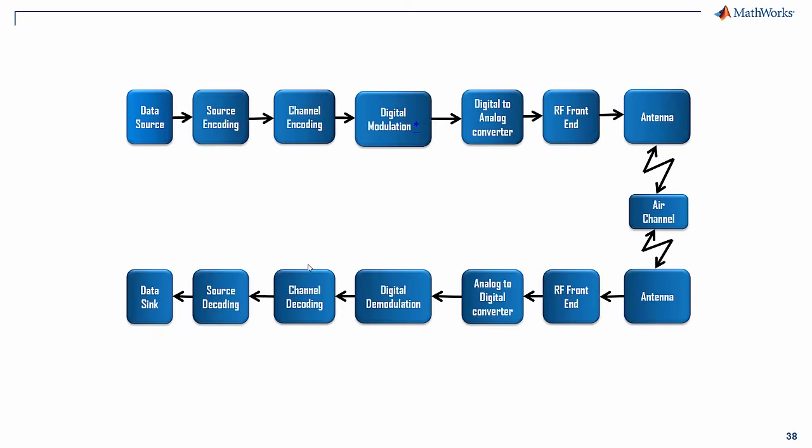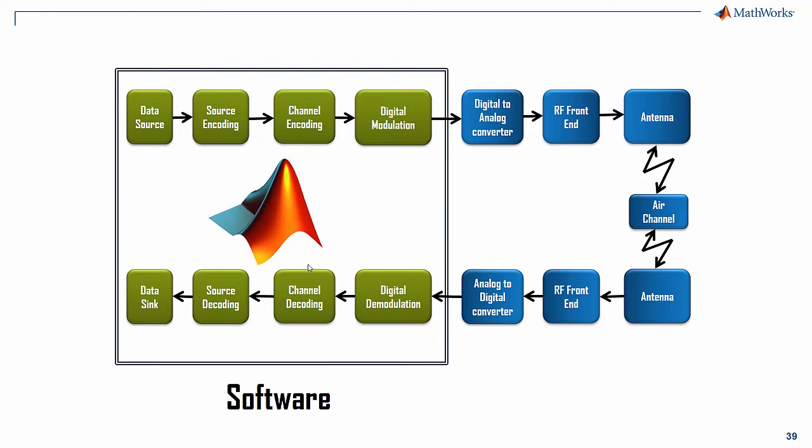Okay, so let's try to design this software-defined radio in MATLAB. This is the typical digital communication environment. It's a software-defined radio, so a few blocks will take place in the software. For instance, the initial source coding, channel coding, and digital modulation will happen in MATLAB.